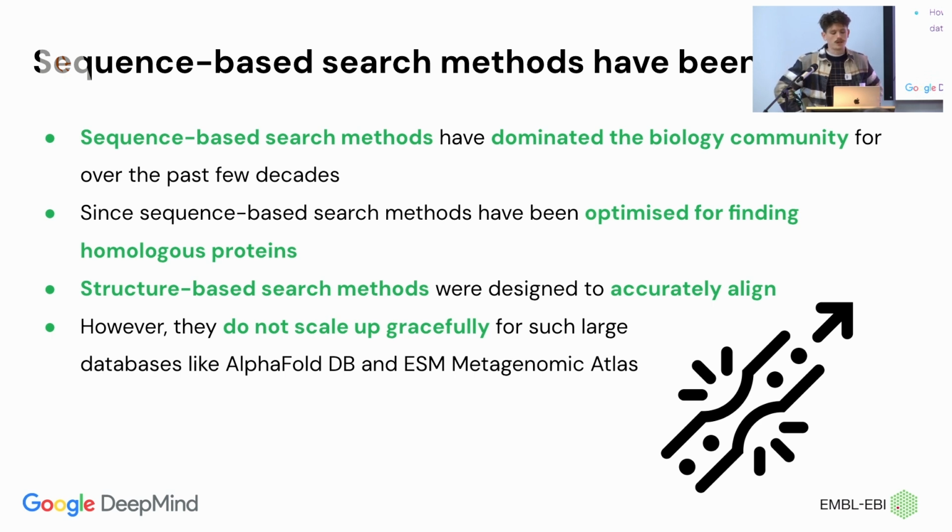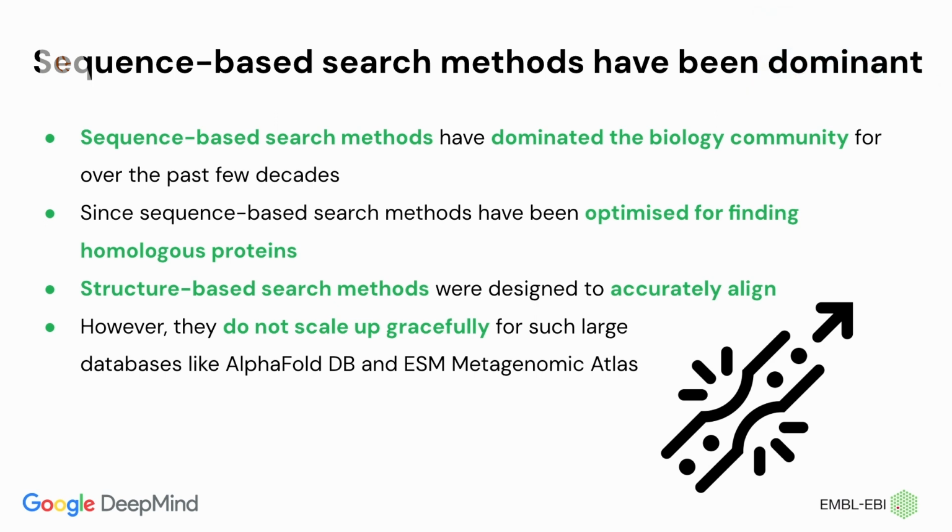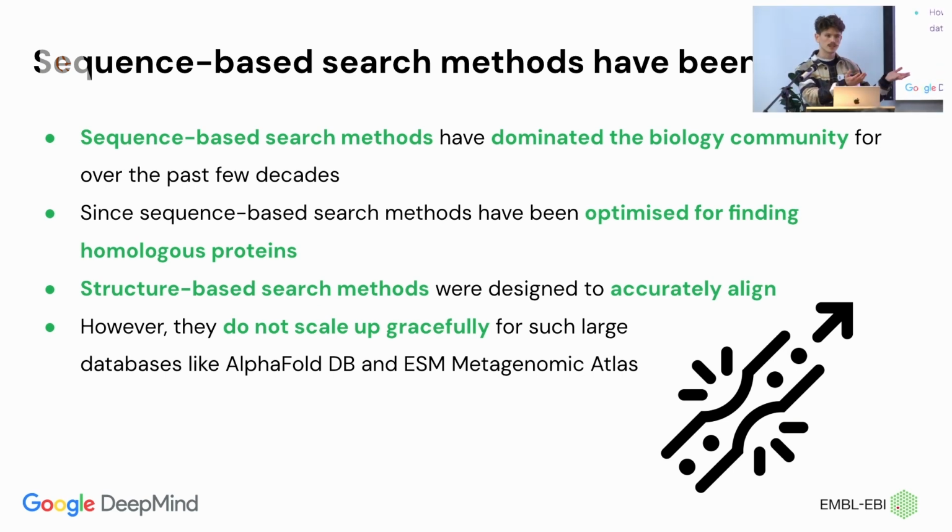it's important to remind ourselves that for over a decade, sequence-based search methods have been dominant, because we've naturally had more sequences than structures. When you want to infer function for a protein that you're not familiar with, or that is understudied, you would often build a multiple sequence alignment of domains whose structure and function you probably know, then build a sequence profile, and search with that profile across entire proteomes, whatever you're interested in.